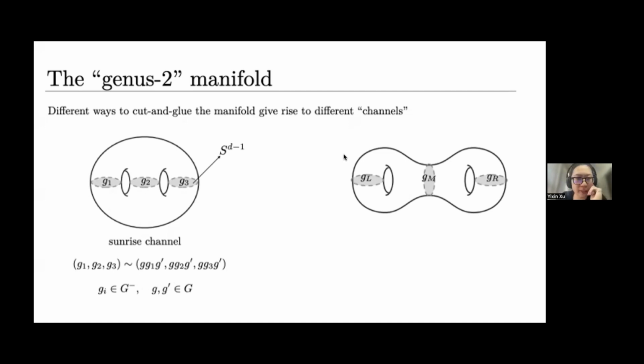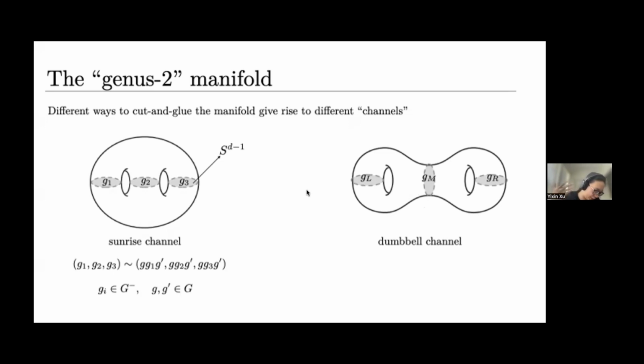Now let's focus on the decomposition which we call the dumbbell channel decomposition. In the dumbbell channel decomposition, we can build the genus-2 manifold by gluing two one-punctured tori together.